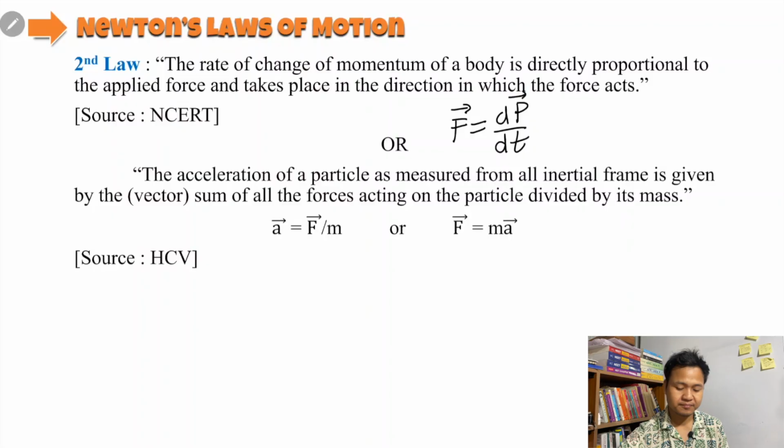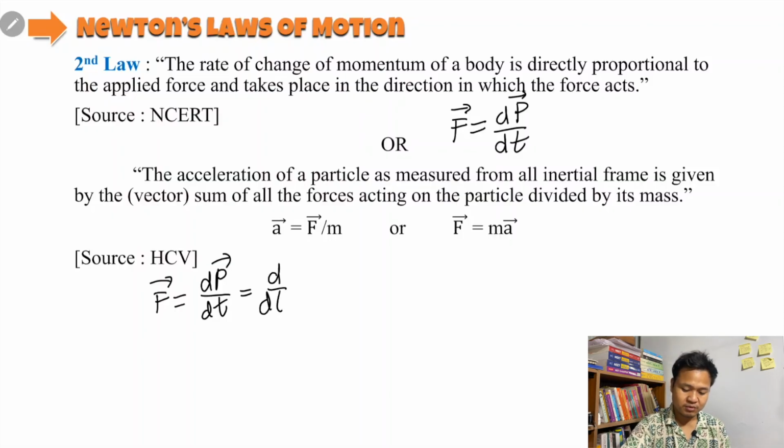From here, what I can do is F equals to dp by dt. What is momentum? The momentum formula is m into v, mass into velocity.